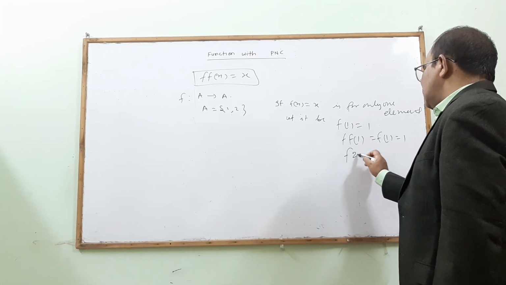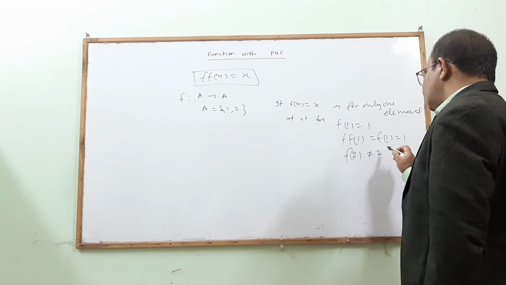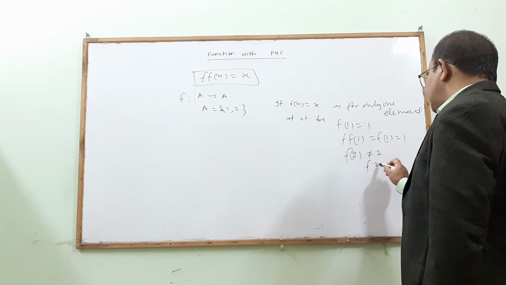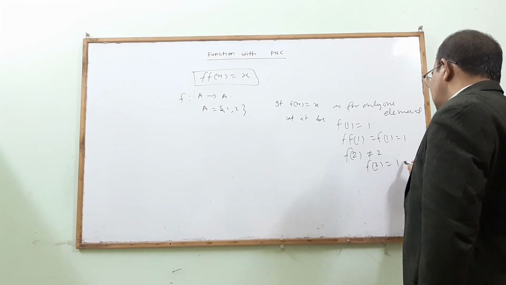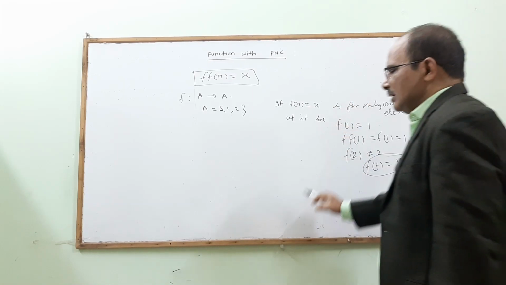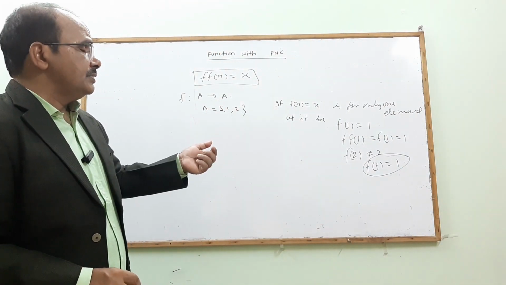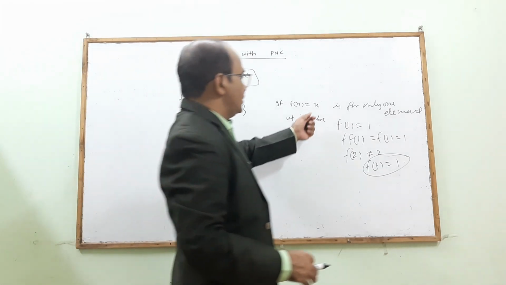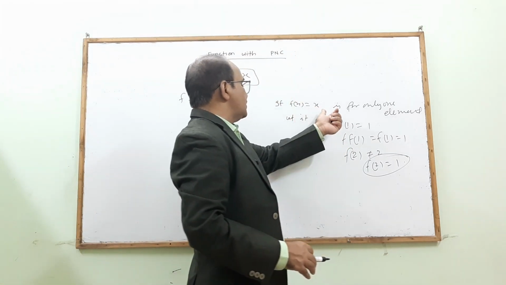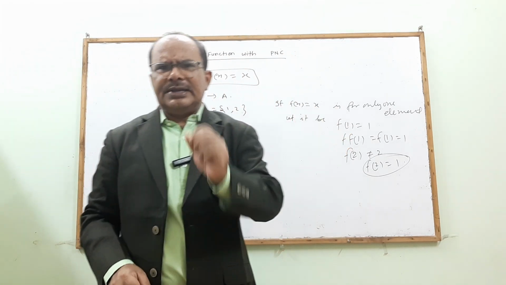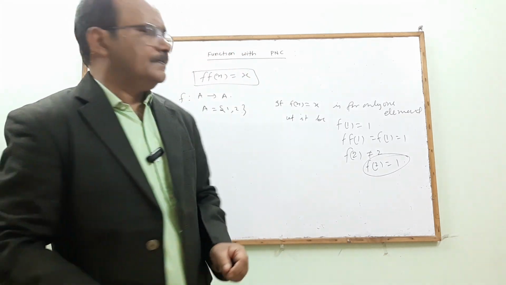Then f(2) will not equal 2, so f(2) will be equal to 1, and this contradicts. Means if there are two elements, then f(x) is equal to x for only one element is not possible.